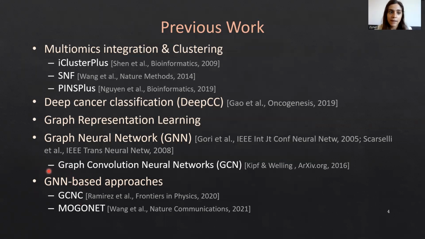There are some GNN-based approaches like GCNC and MOGONET, which utilize a single network or multiple networks. However, to utilize more from available knowledge, it's important to properly integrate multiple networks and multiple features at the same time.